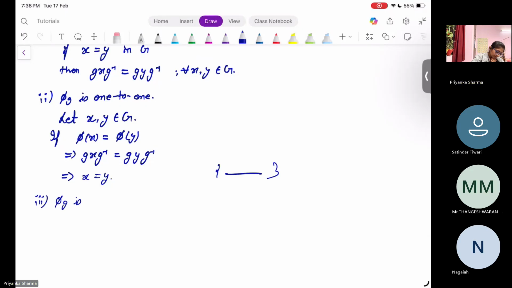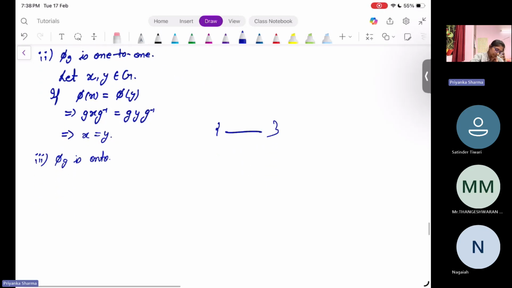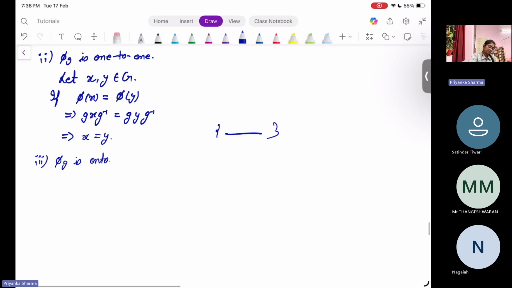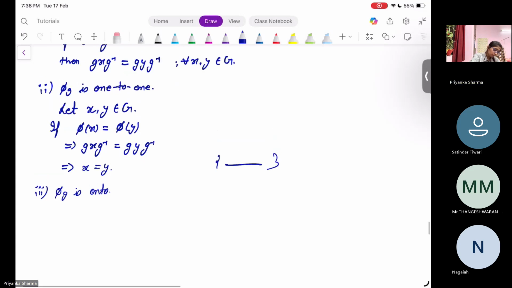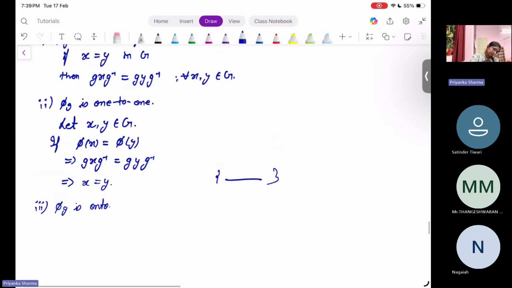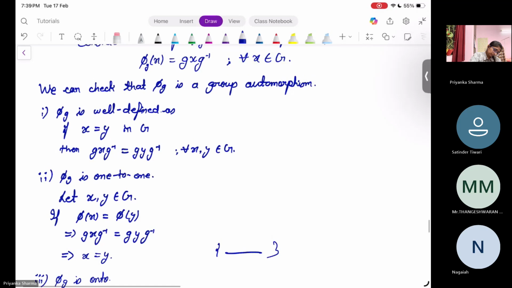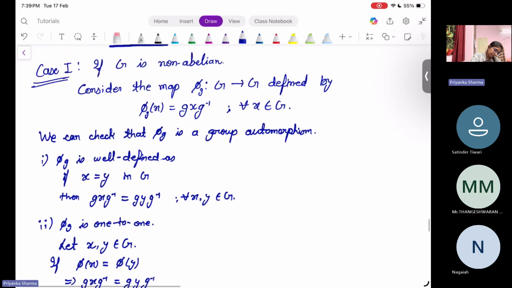Then phi g is onto. How to check whether this is surjective or not? Okay, so you need to consider an element in the codomain part.